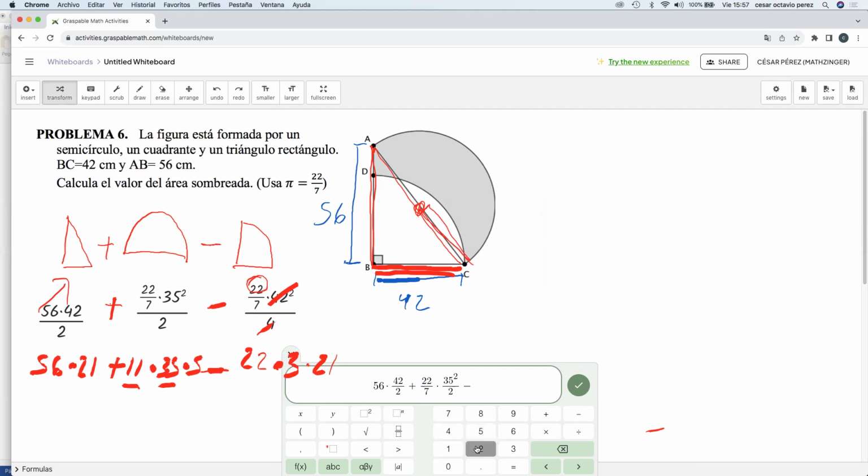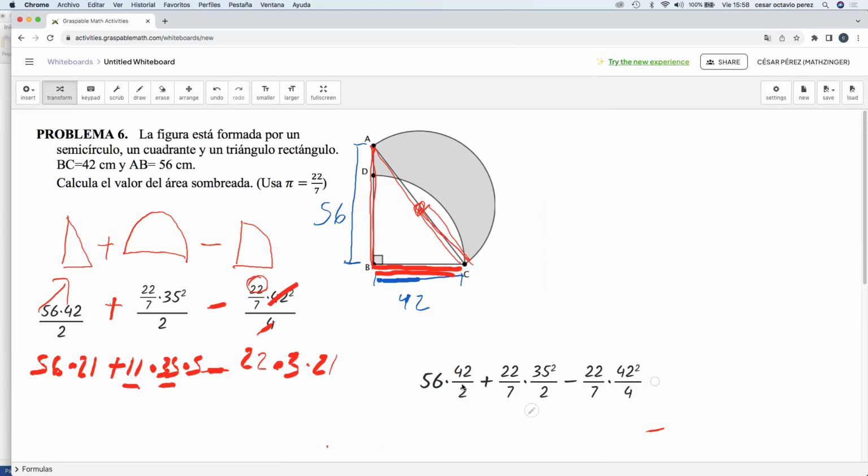It's 22 divided by 7 times 42 squared divided by 5. 42 squared divided by 4.